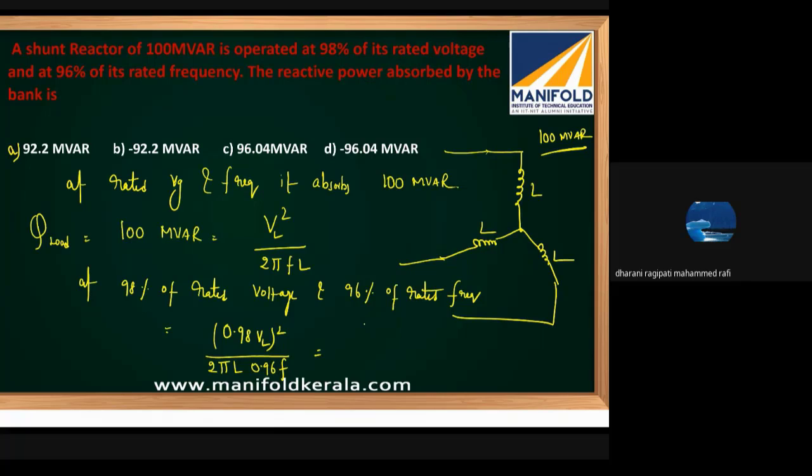This becomes 0.98 square by 0.96 into the same value VL square by 2 pi f L. We already know the value of VL square by 2 pi f L is 100 MVAR. Substituting, we get 0.98 square divided by 0.96 into 100 MVAR, which is the reactive power absorbed by the same bank when voltage is 98% of the rated voltage and frequency is 96% of the rated frequency. Compute this value and tell.